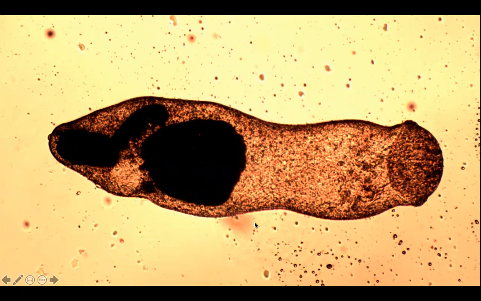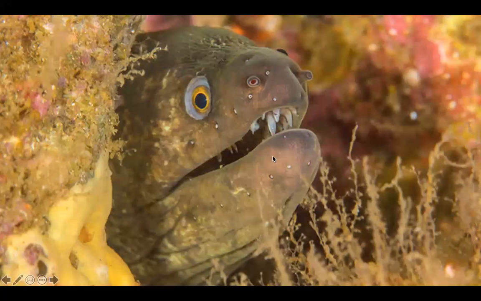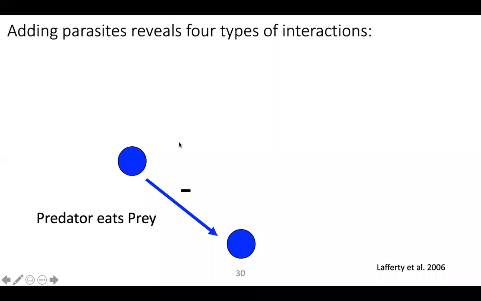And this is a type of fluke. The technical name is a trematode. You can zoom in on it and you see it's got all these spines on its outer surface and some hooks. And this parasite as an adult is really only found in moray eels. And so we were able to use that information to say, okay, moray eels are likely around and feeding on Senorita wrasse.